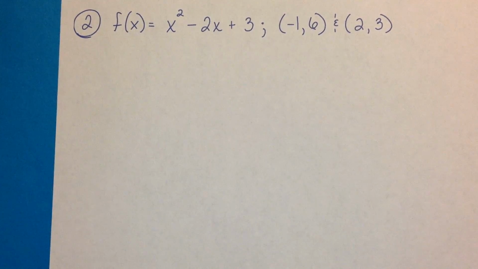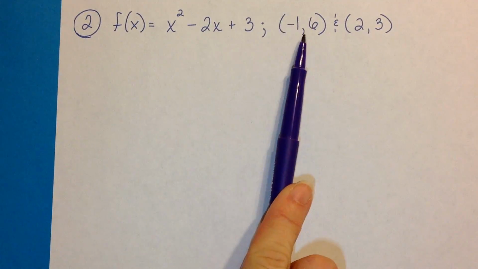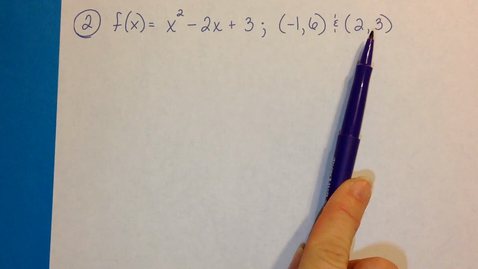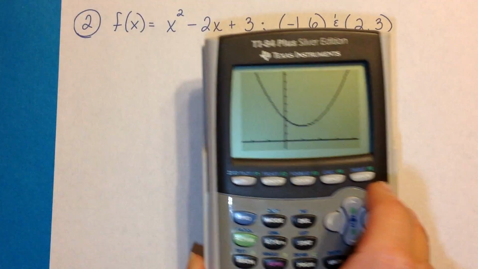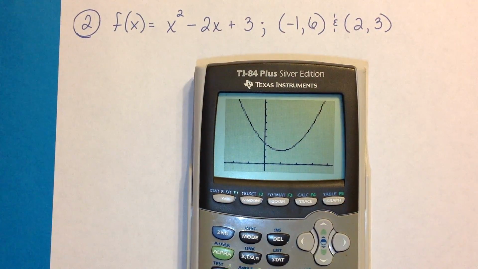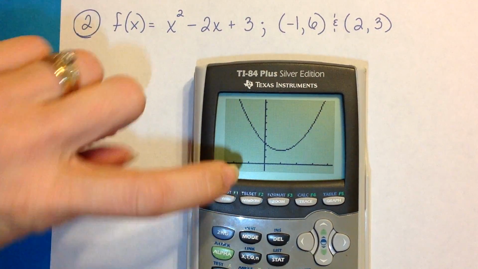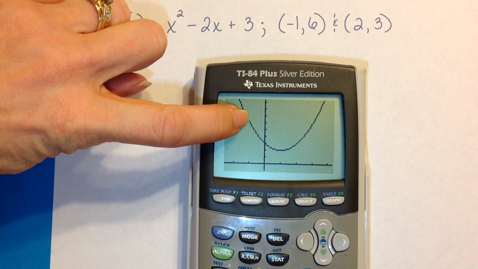All right, so this is another example, but we are going to do one thing a little bit different. So this is my function, but I want to know what is the slope of the tangent line at this point, and then again at this point. And if you actually look at the graph of this function real quick, if you're talking about the point -1, 6, here's -1, so of course that would be somewhere along in here.